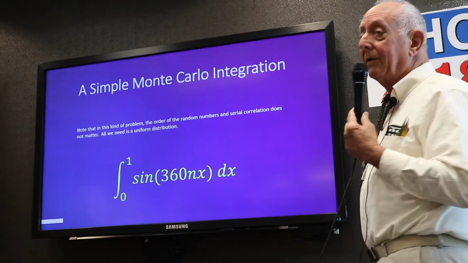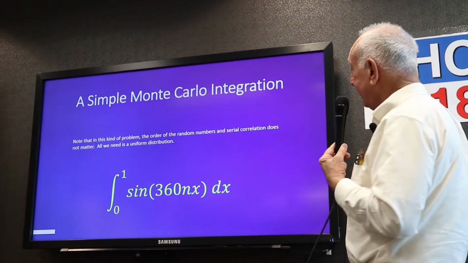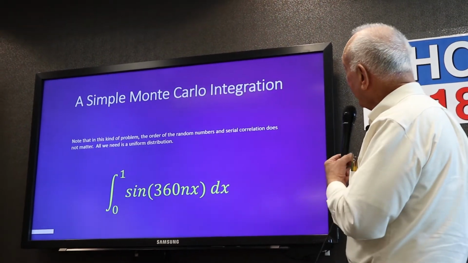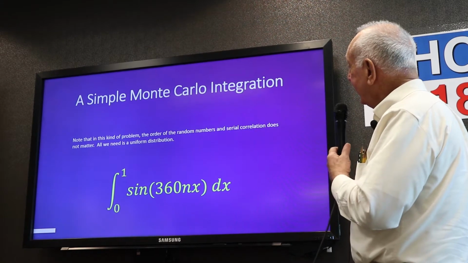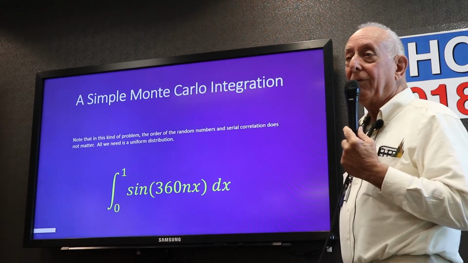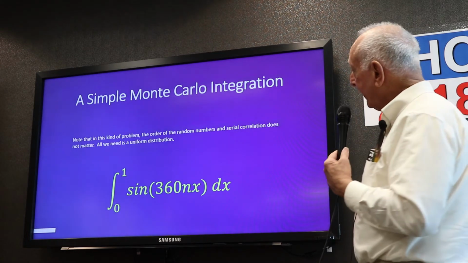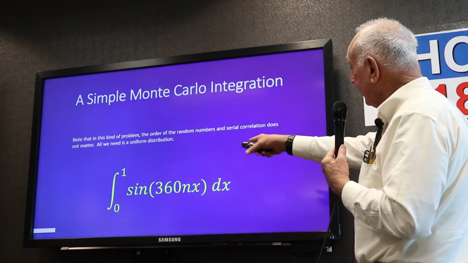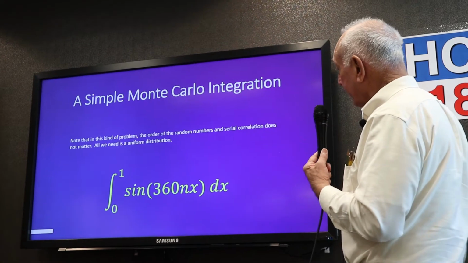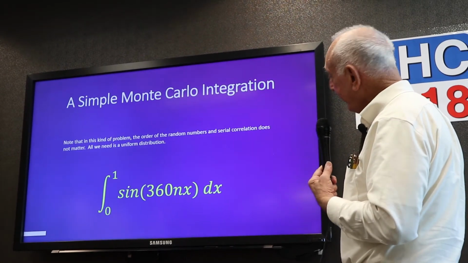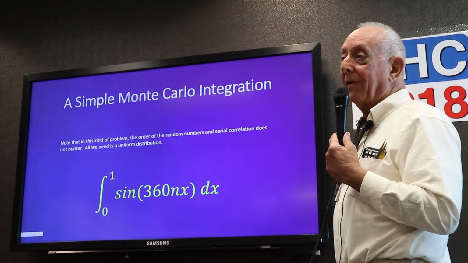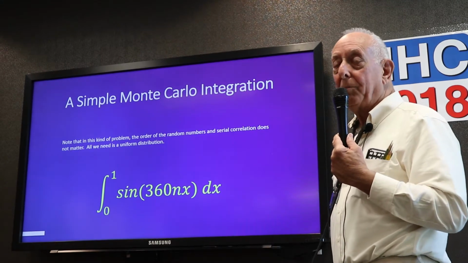So what can go wrong? So I wanted to do a simple Monte Carlo integration. And here it matters only what numbers you get. It doesn't matter the order, because you're just averaging this function over the interval from 0 to 1. And in a calculator you can do that very easily with the sigma plus function.